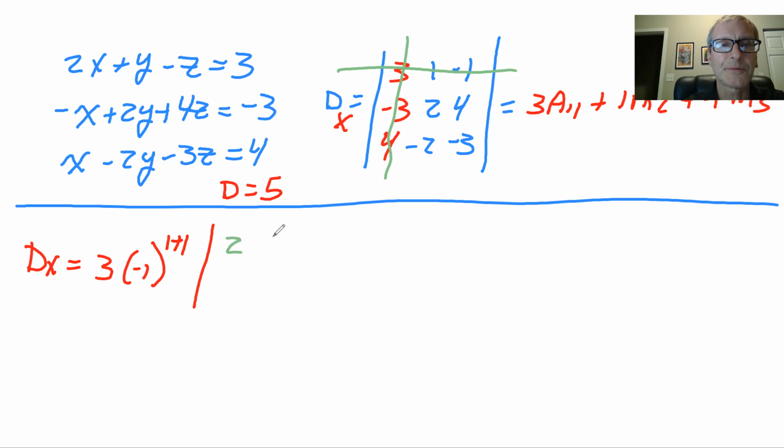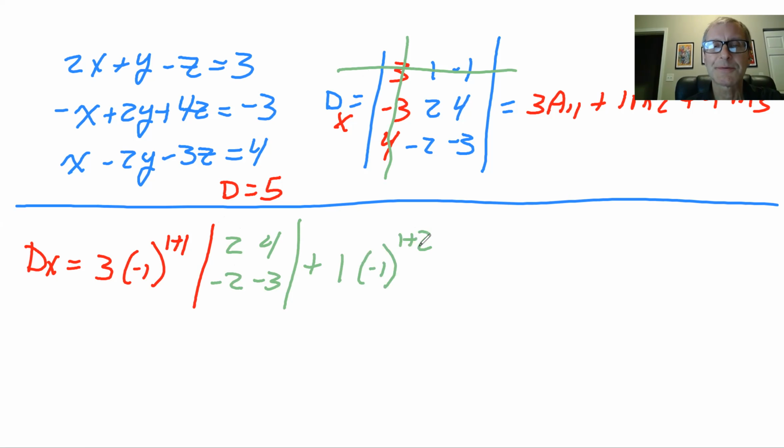Again, we have 2, 4, -2, and -3. So that would be 3 times a11. And then the next one would be 1, right? Times -1 to the 1 plus 2. There's where the sign changes.